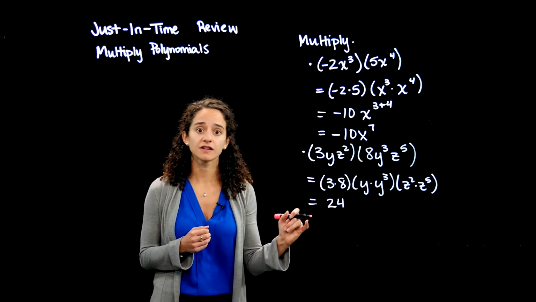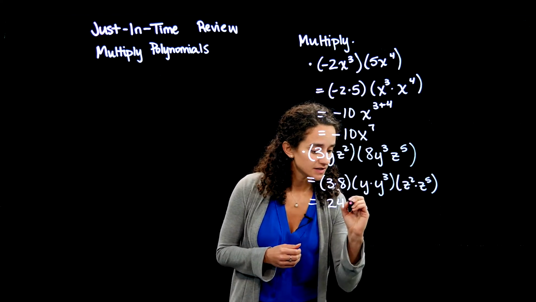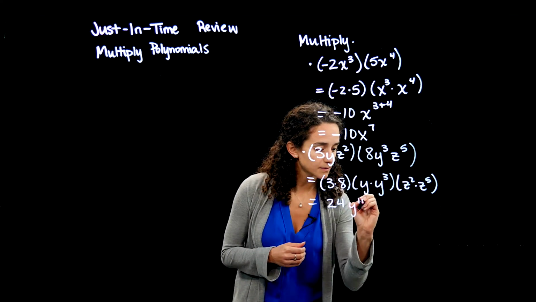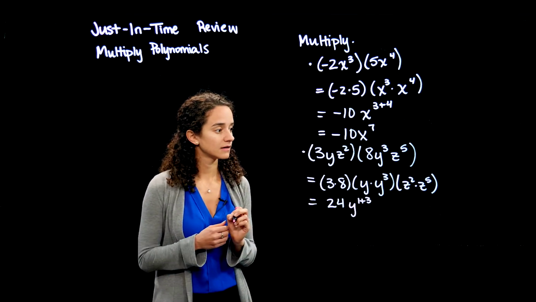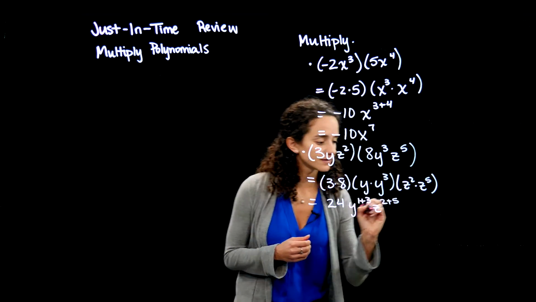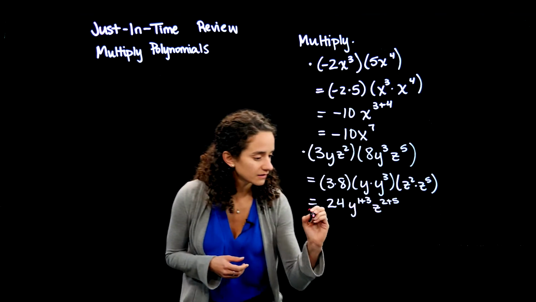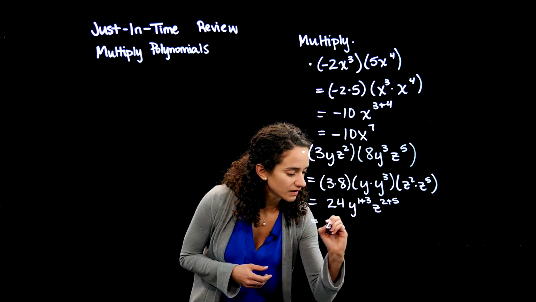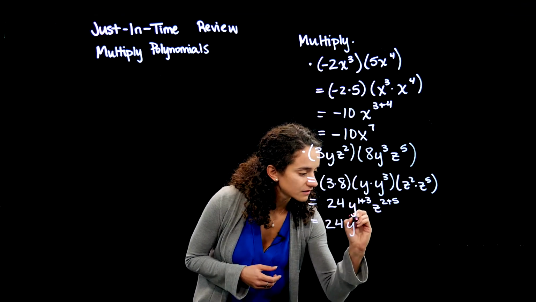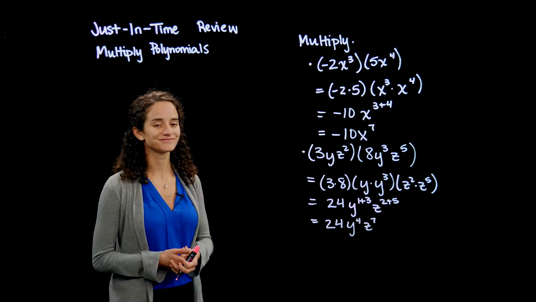Remembering that the exponent on y is considered to be 1, we have times y to the 1 plus 3 and times z to the 2 plus 5. And so simplifying, we get 24 y to the 4th power, z to the 7th power.